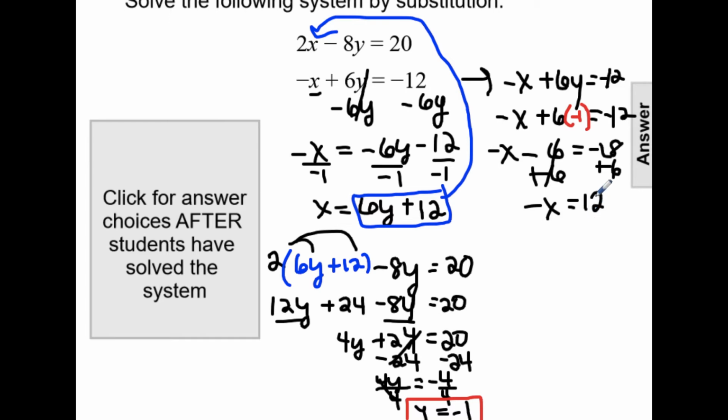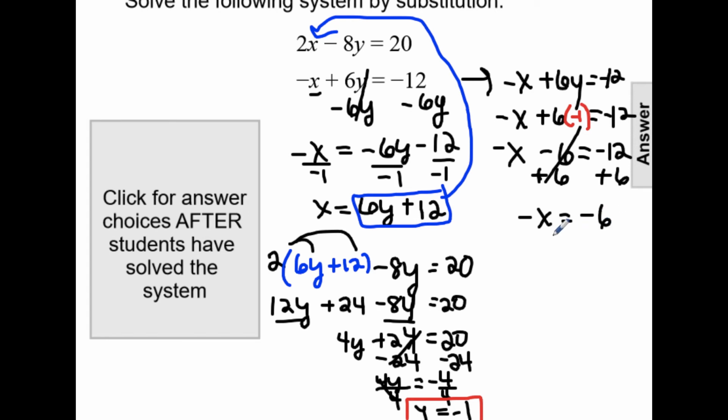And, oh, wait. This is not a -t. Let me go back. I was confusing myself a little on my handwriting, but this is -x minus 6 equals -12. Add 6 to both sides to get -x equals -6.